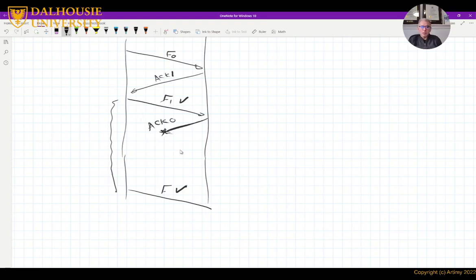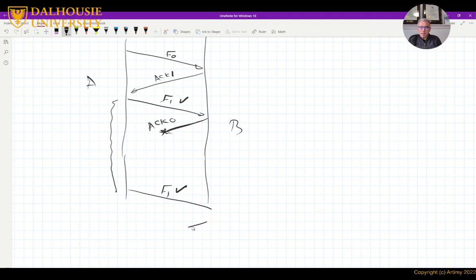So let's say here I'm sending AC0 because I'm expecting 0, right? And the acknowledgement is lost, so A thinks that maybe frame 1 was not received correctly, so it sends it again. Now B will be able to detect that these are duplicates because F1 has the same number as the previous F1.